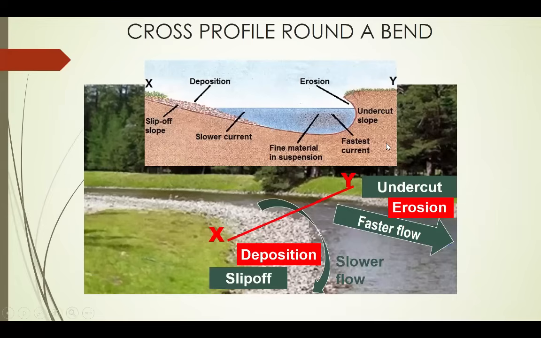And then if you are to draw a cross section of a meander, you must know it is either a check mark that is straightforward or a check mark that is in reverse. So where you have your undercut, it will be deeper, and where you have the slip-off, it will be shallow. So here you're going to have the river being deeper because it's undercut this side, and this side is shallow.